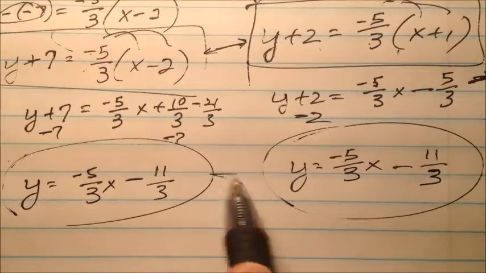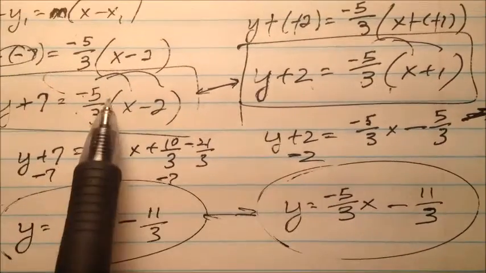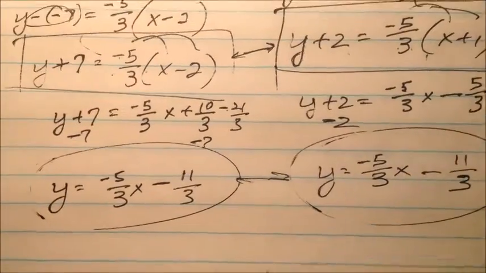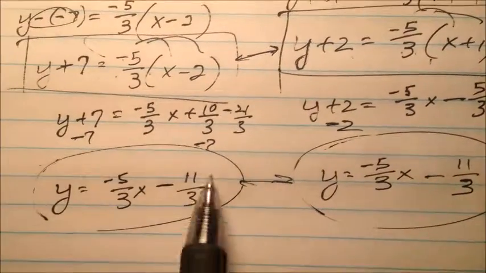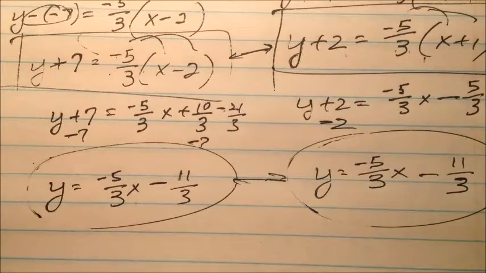Well, hey, these were the same things. Even though I was using two different points up here, they were actually serving as the equation to the same line. I showed that by putting them both into slope-intercept form and seeing that they're the exact same equations.